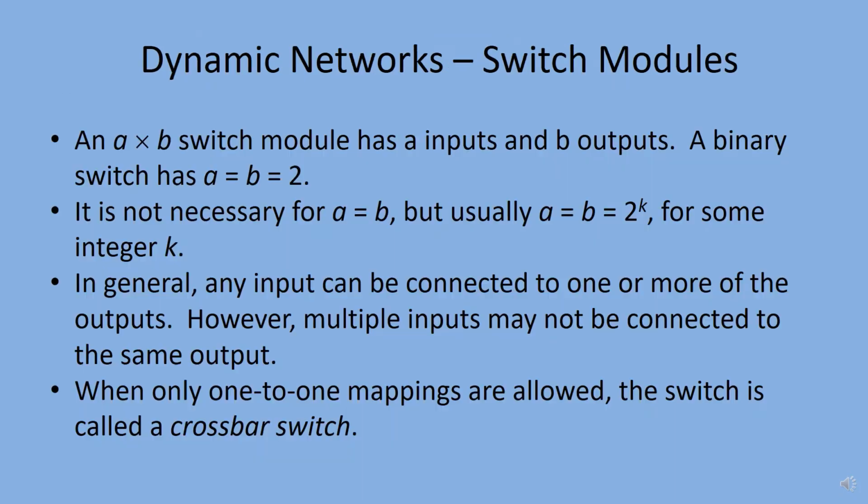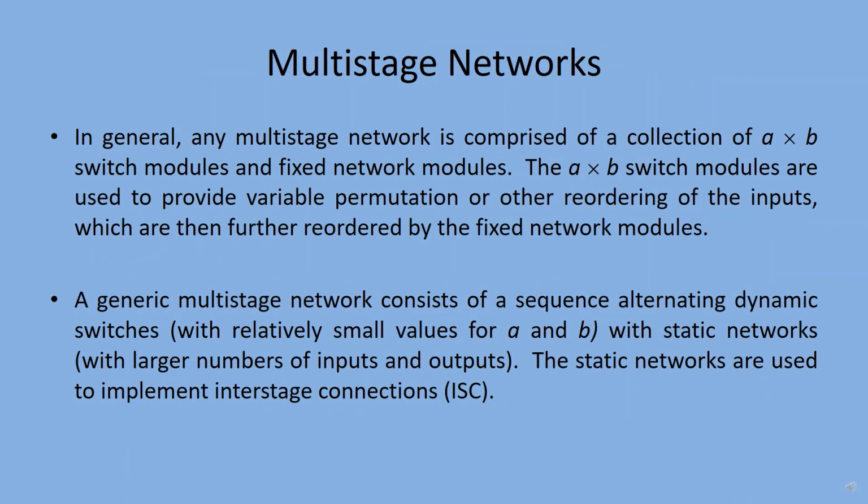An A cross B switch module has A inputs and B outputs. In practice, A and B are often selected as integer power of 2. Multi-stage connection networks are designed with the use of a number of A cross B switches.